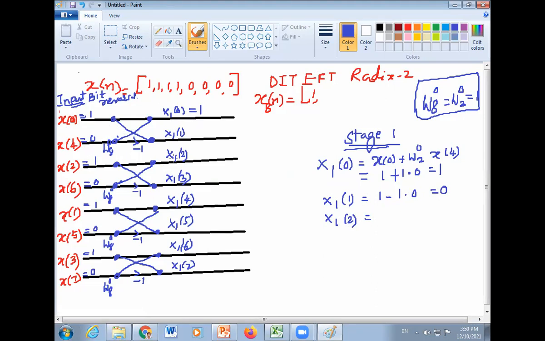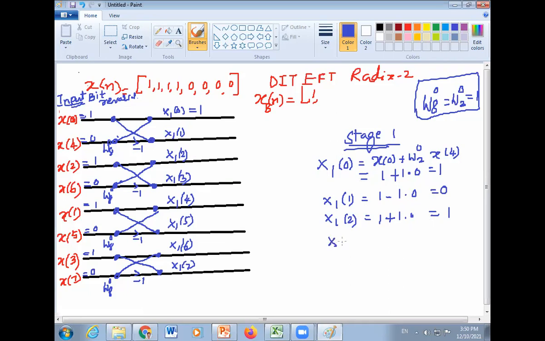What is the answer of x1 of 2? Hello, am I audible? It is 1. x1 of 2 is 1 plus 1 into 0 again, so it will be equal to 1.